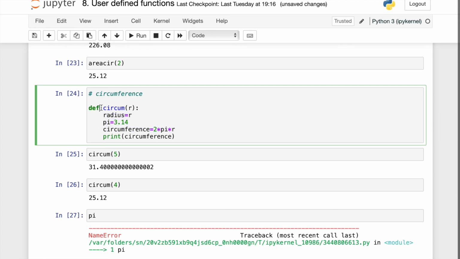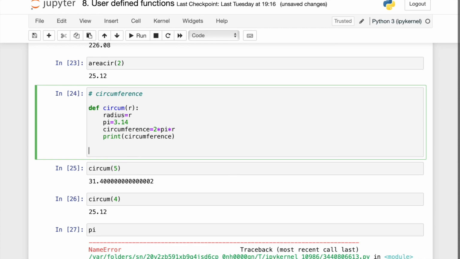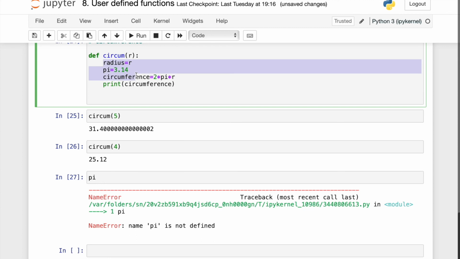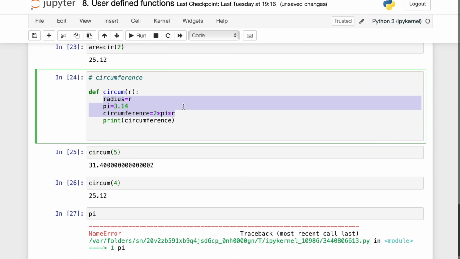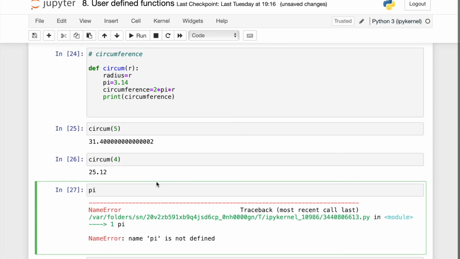I'm defining the function from here up to here, and if I ask for the value after the function has ended, the computer understands that the indentation is not given, so it is not under this function. So the life cycle of these definitions is only inside the function. Though pi is already an inbuilt constant as well, I have not downloaded that package here.